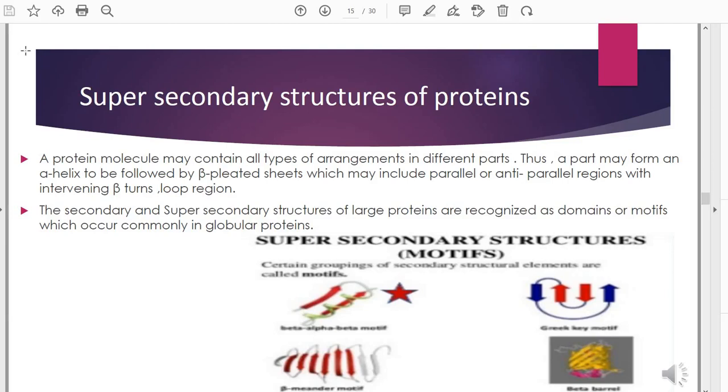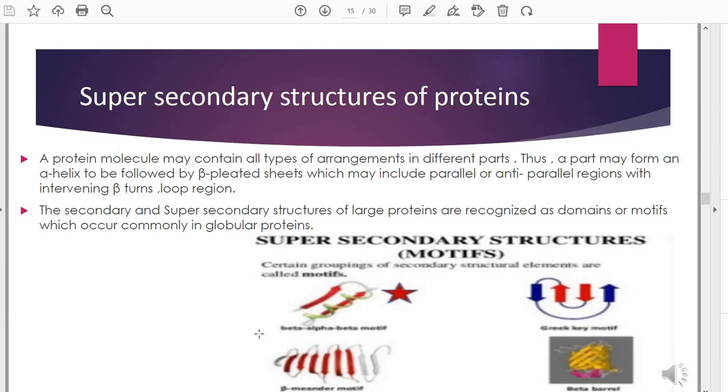So we call it super secondary, and it can even contain a beta turn or loop region, meaning it can contain more than one type of secondary structure. So it's called super secondary. It is recognized as a domain or motif, and it's abundant in globular proteins.